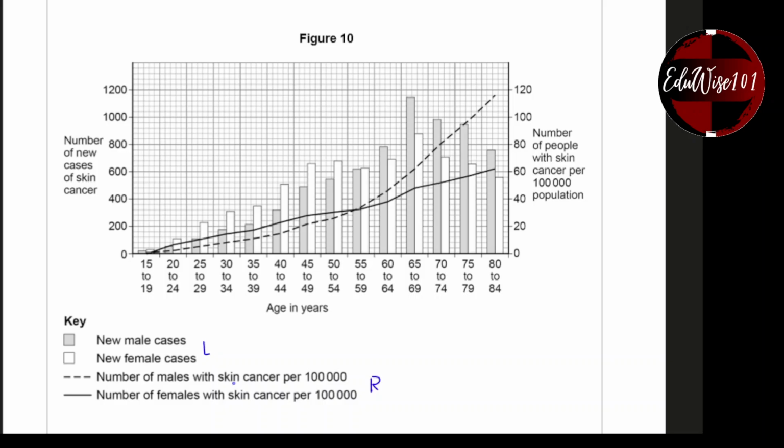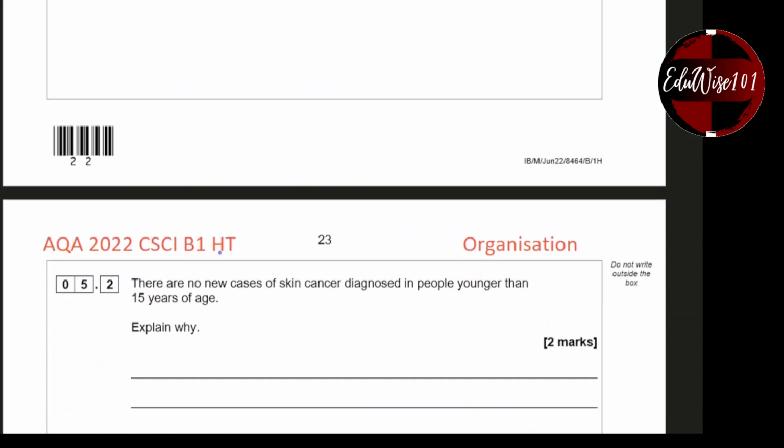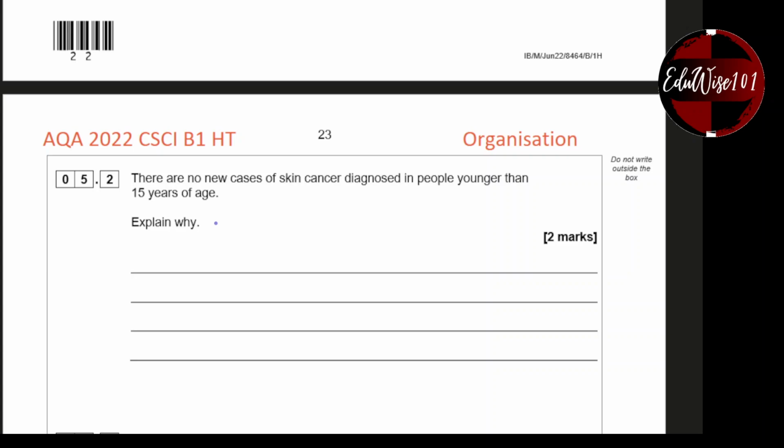So the number of new cases of skin cancer goes from 0 to 120. So the scale is slightly different for both. There are no new cases of skin cancer diagnosed in people younger than 15 years of age.